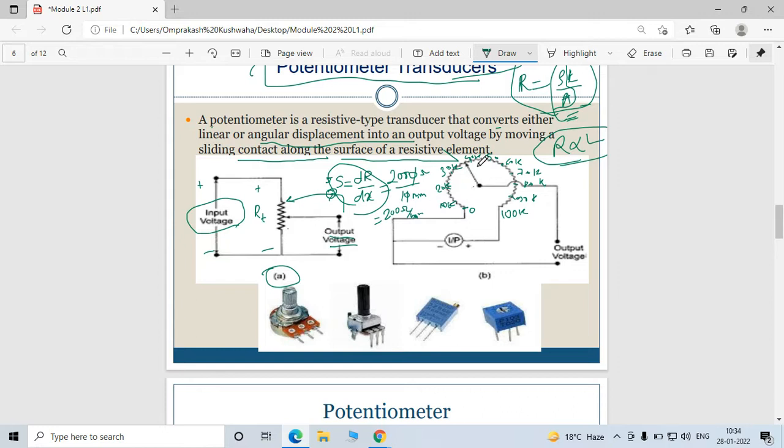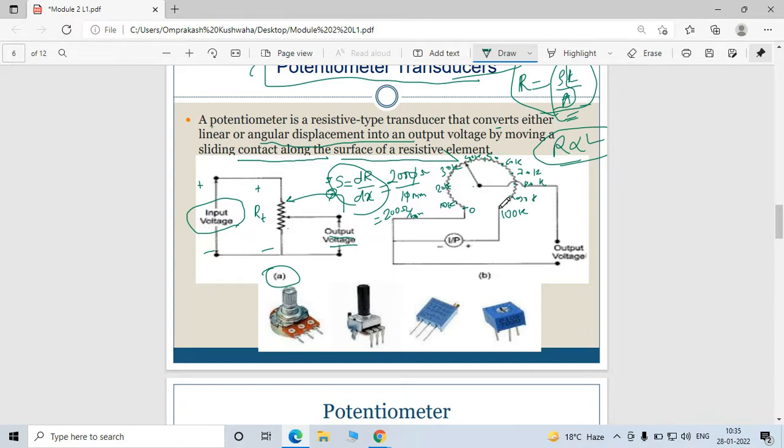For example, if the starting position of this port is from this side, at the starting position, what will you get at the output? This point is connected to this side, right, at the start. So this is nothing but your whole input, whatever input you are applying here.